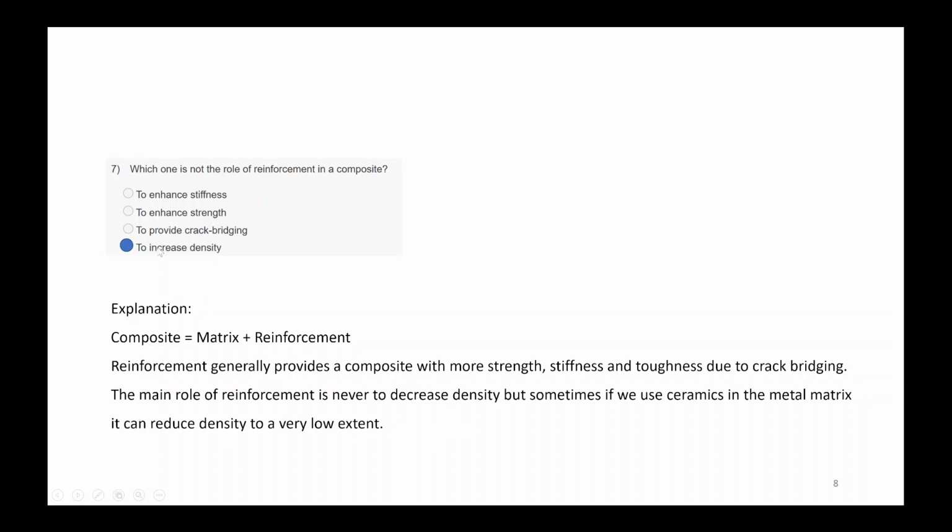So this one is not correct, and others are the roles of reinforcement in a composite. So it will be enhancing stiffness, strength, and providing toughness due to crack bridging.